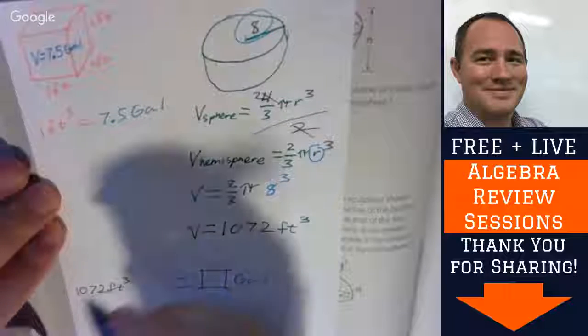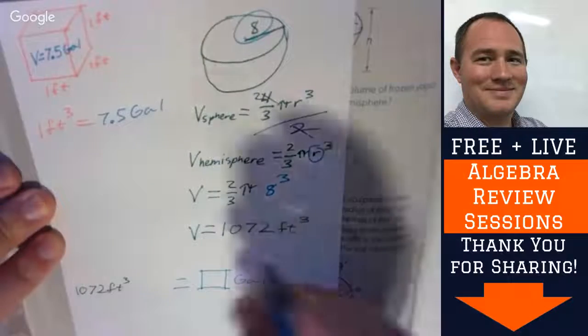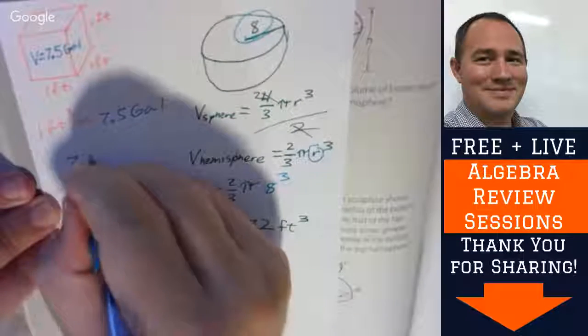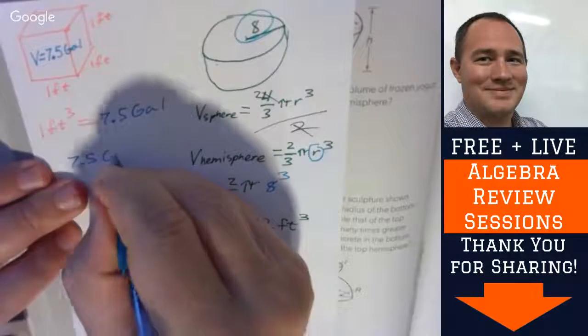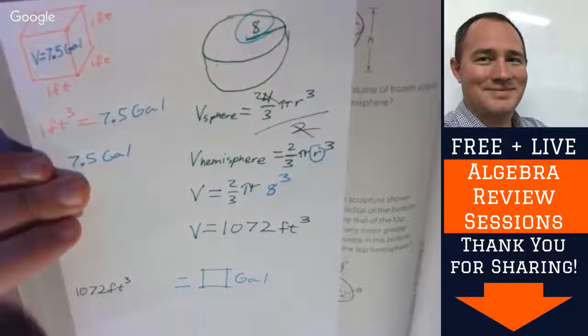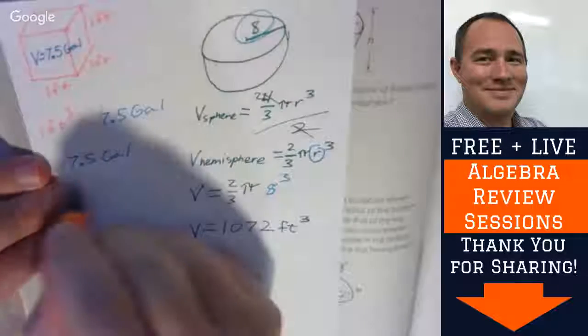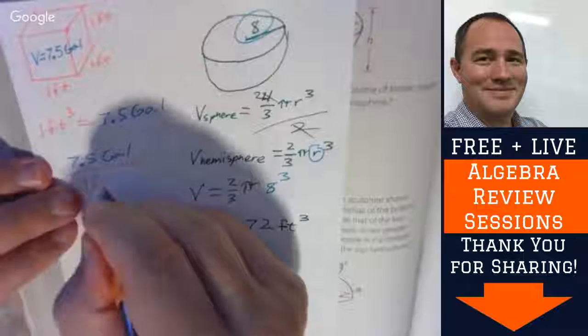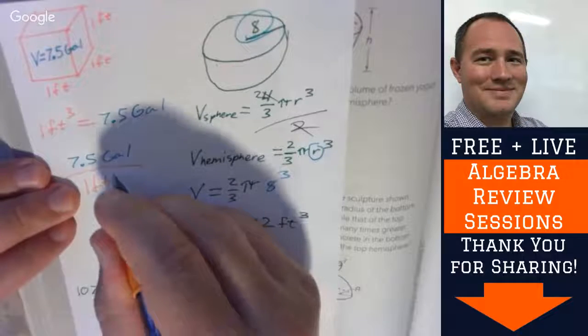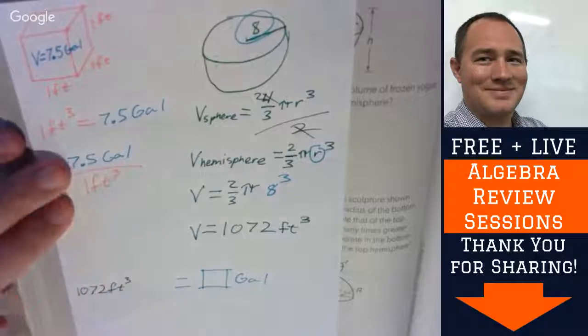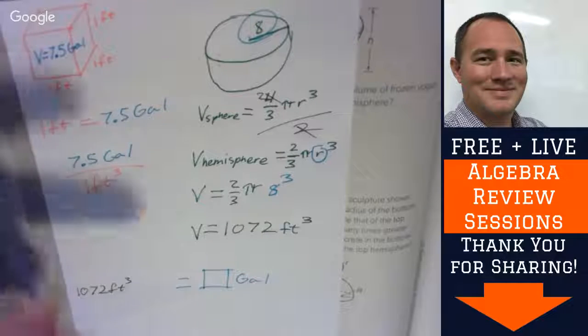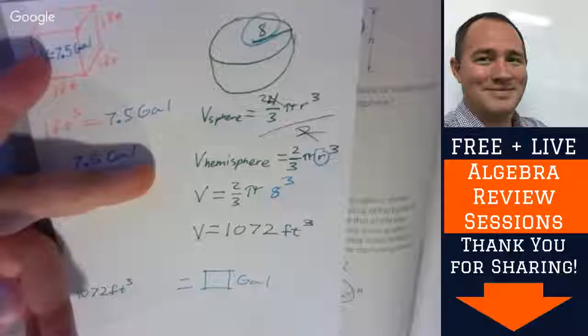We could write this as 7.5 gallons over 1 foot cubed, and we could do 1 foot cubed over 7.5 gallons as well. So we could write that both ways.